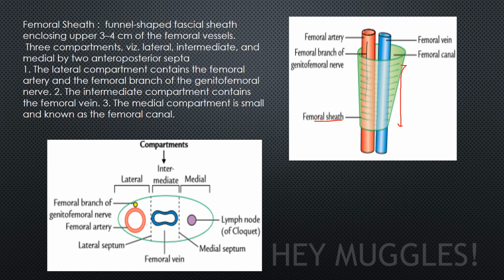So this is your femoral canal. Femoral canal is a medial compartment. In this diagram, you can see this is your femoral canal. It contains lymph node of Cloquet. The medial compartment of the femoral sheath is small and it is known as femoral canal, and it contains lymph node of Cloquet, right?